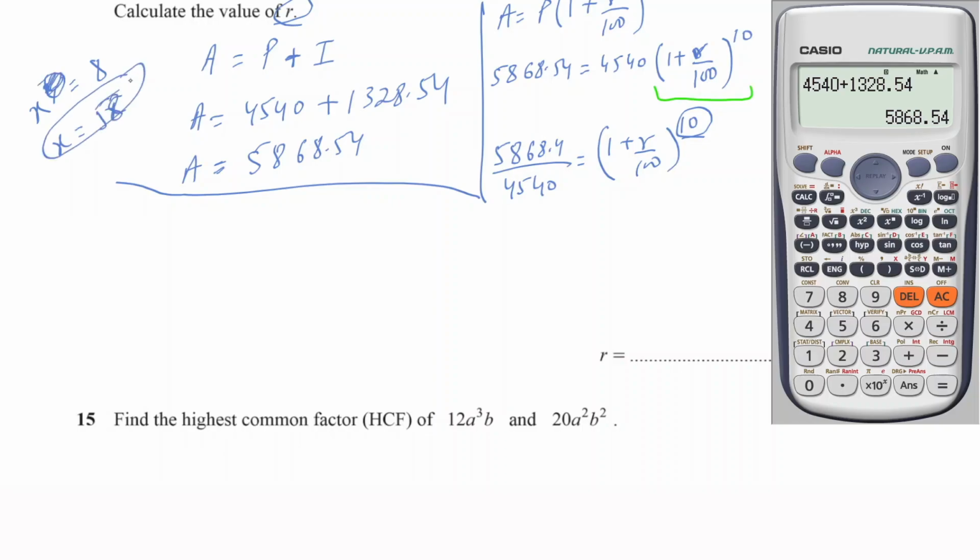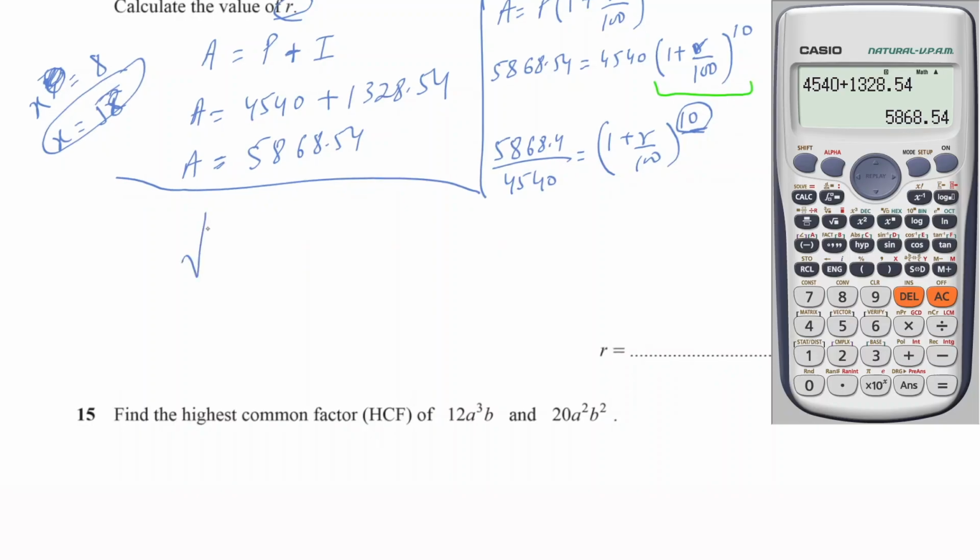Like that, if I take this power out, it will affect the other side. It will be the 10th root of these values, that is 5868.54 divided by 4540. So it will be equal to 1 plus r by 100.